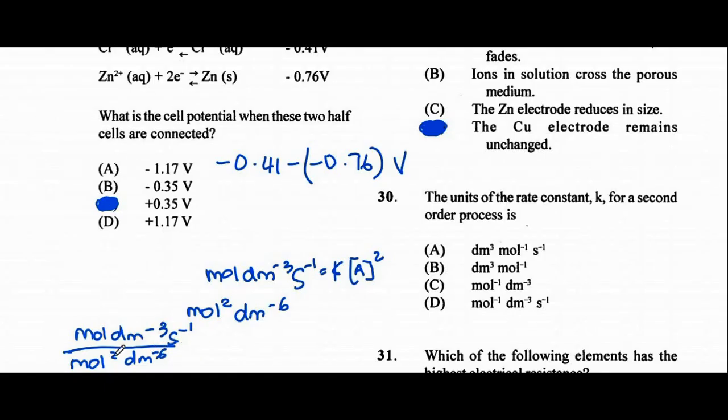Alright, mole, cancel that, we'll have 1 mole there, and this is going to cancel that, we have 3 there, and seeing that this is minus 3 and below, it would now be dm cube mole to the 1, under here would be per mole, and we have per second up there, we keep that per second. That would be the answer, dm cube per mole per second. 30 is A.